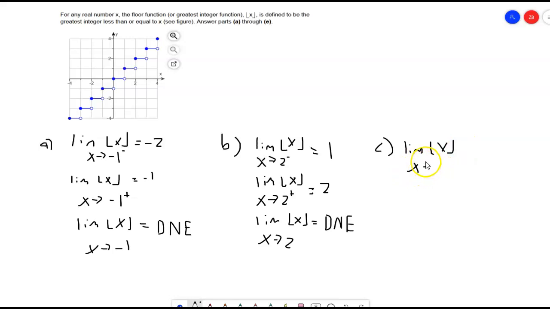So I'm going to write it all down. 2.1 from the left, the limit as x approaches 2.1 from the right, and finally the limit of the floor function as x approaches 2.1.